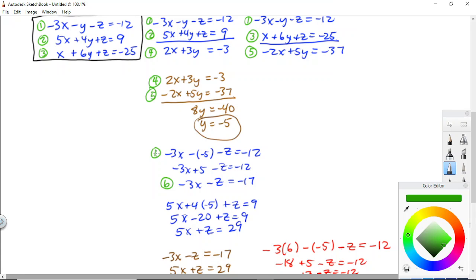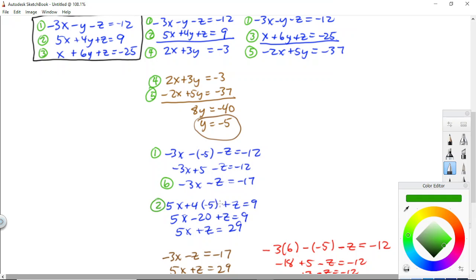So we substituted into equation 1, and we got equation 6 that just has x and z. Now we're going to substitute into equation 2. Put y in, y equals -5 into it. Okay? Because we had 4y, so that's where we put in the -5 for it.